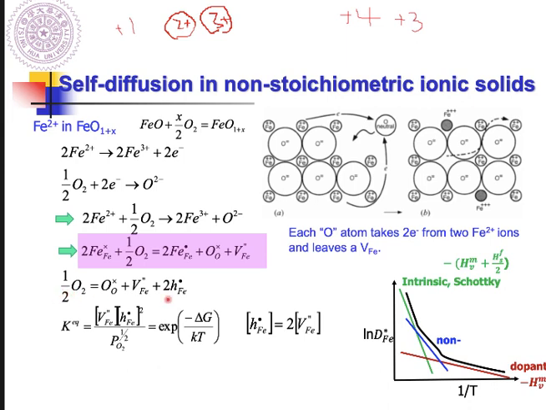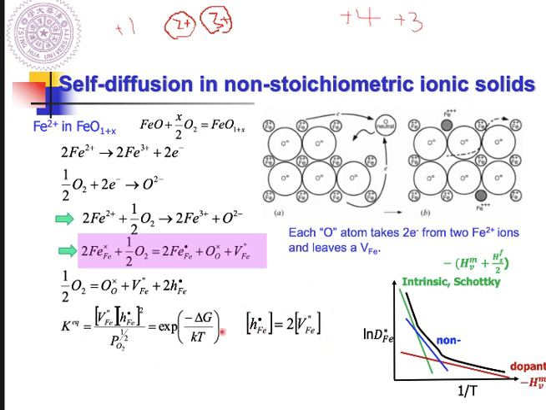So based on this equation, we know the relationship between this and this one, right? So what's the relationship? The mole will be, we have 1 mole of vacancy at the iron side, then we will have 2 moles of holes, right? So we have 2 here and 1 here, so you need to times 2 to get the equal.